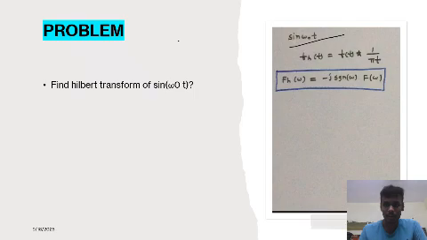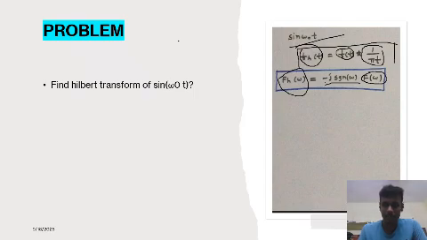So we know the basic formula, that is Hilbert transform is nothing but convolution of the given signal with 1 by pi t. The transform of f_h of t will become F_h of omega, which is the transformation of the time domain into the frequency domain, and the transform of 1 by pi t will become minus j sgn omega, which we know from the Fourier transform, and f of t will become F of omega, and this convolution will become multiplication.